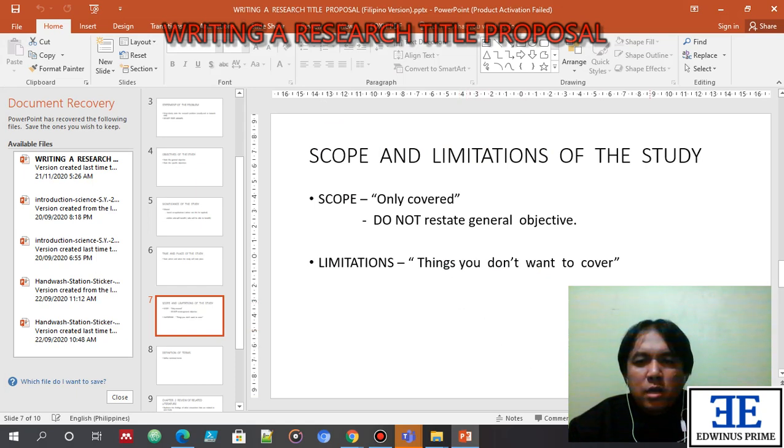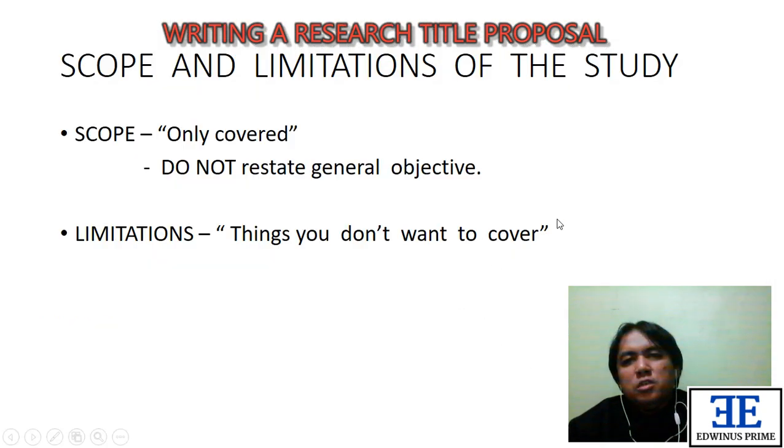Then we go to the scope and limitations of the study. This is a secret weapon in writing a thesis proposal, thesis or dissertation proposal. It's a secret weapon. You can use it in the defense. Scope. You state here what are the things that are covered in your research.